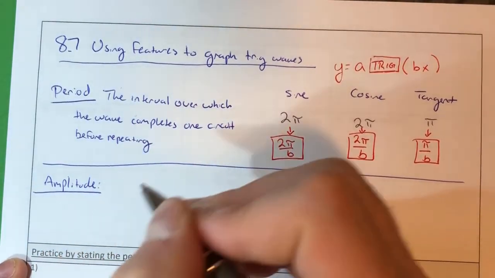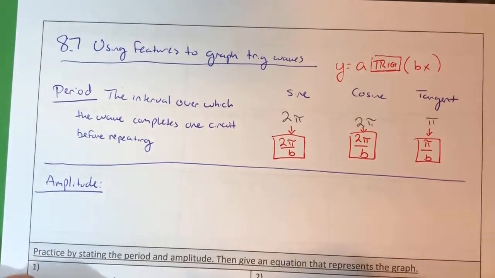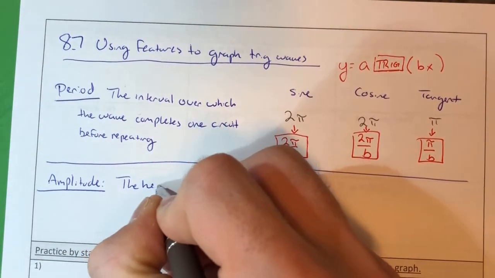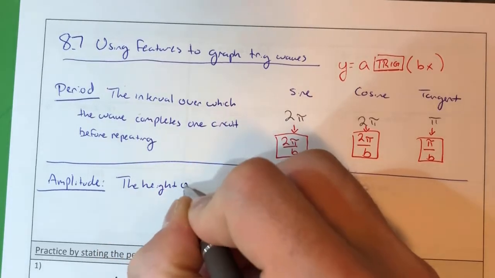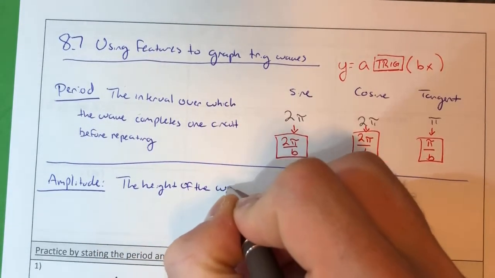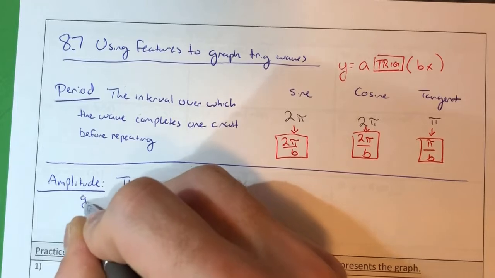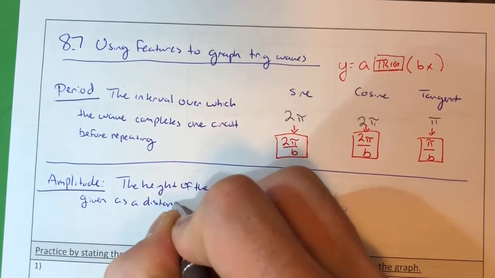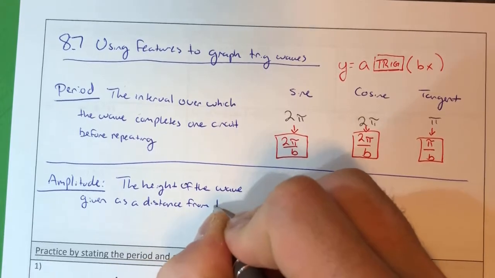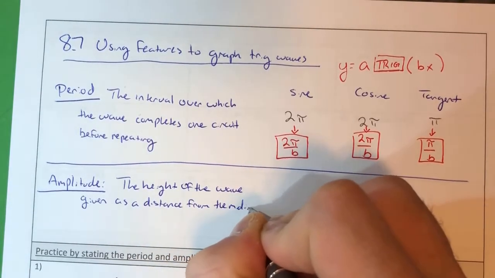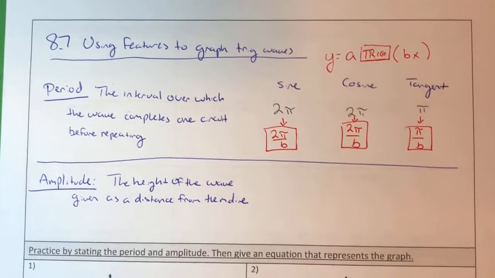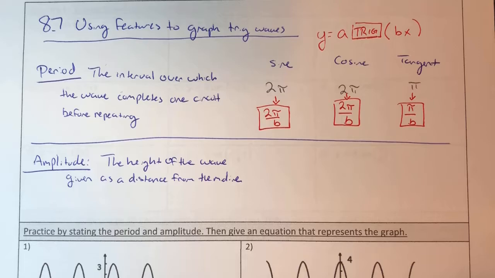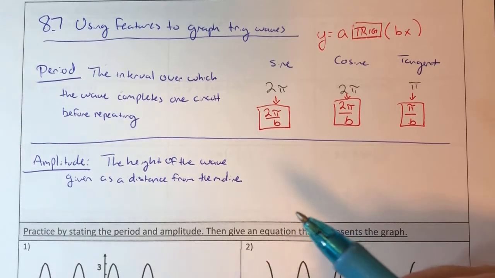And now the amplitude is going to be the height of the wave given as a distance from the midline. Okay, so normally what we would look at with the height of a wave is most of us would associate with the waves that we would see every day.